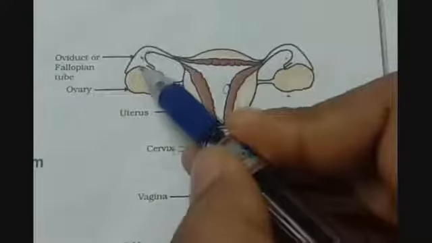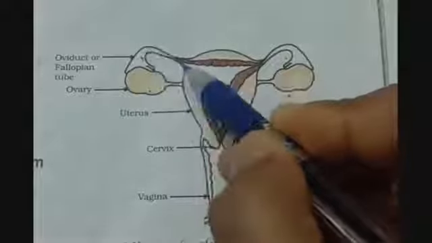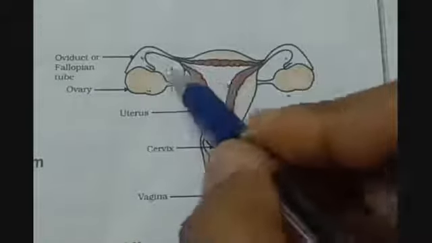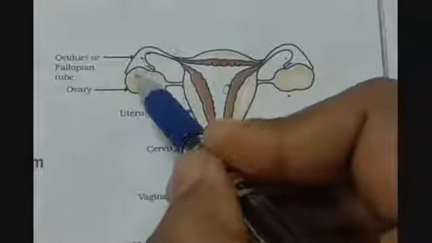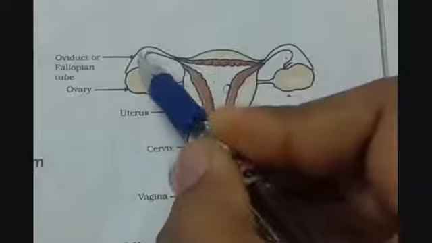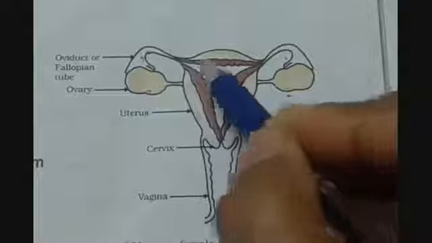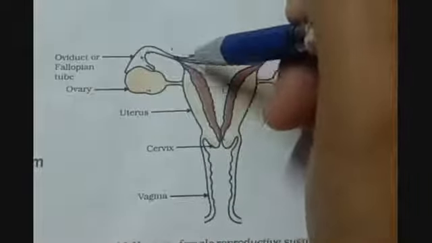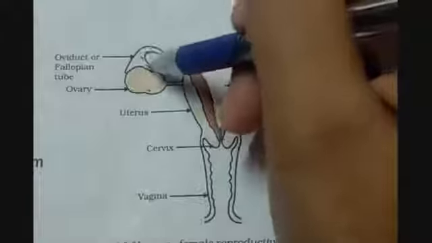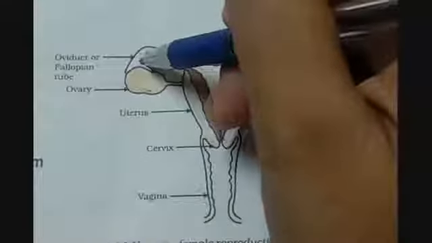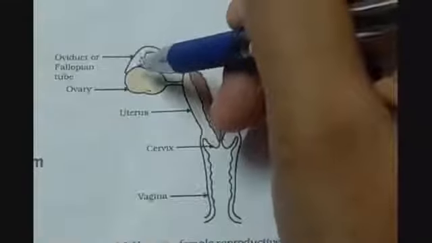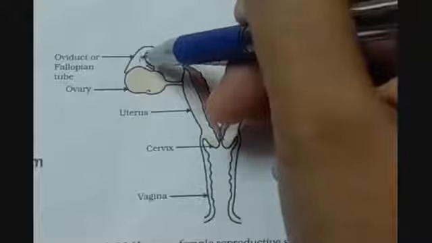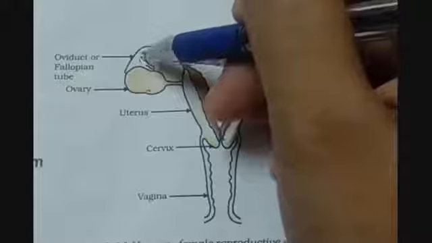Then the fallopian tube is a duct-like structure connecting the ovary to the uterus. When the egg is released from the ovary, the sperm reaches the egg through this passage only. So sperm will reach here and fuse with the egg, and fertilization takes place and zygote formation takes place here in the fallopian tube.